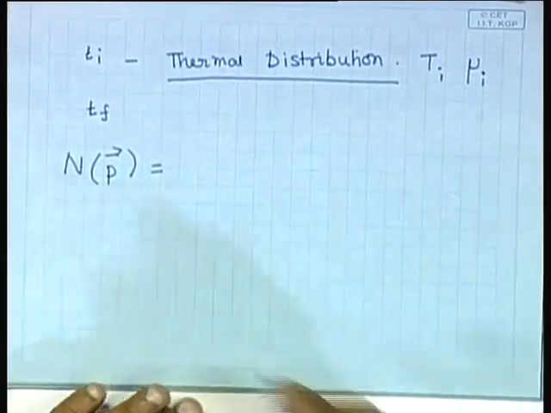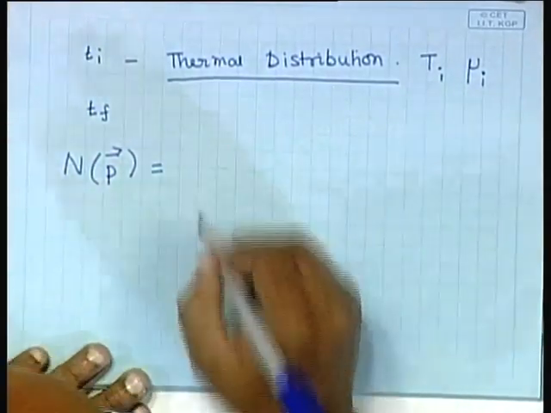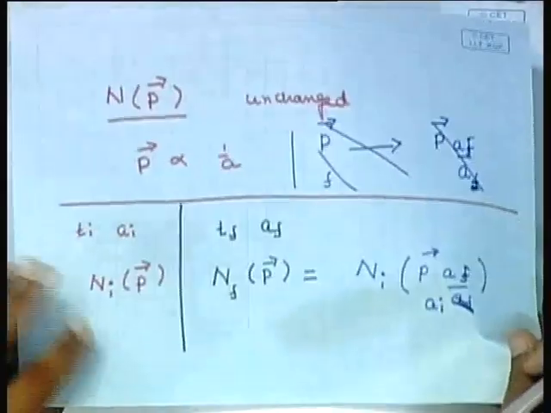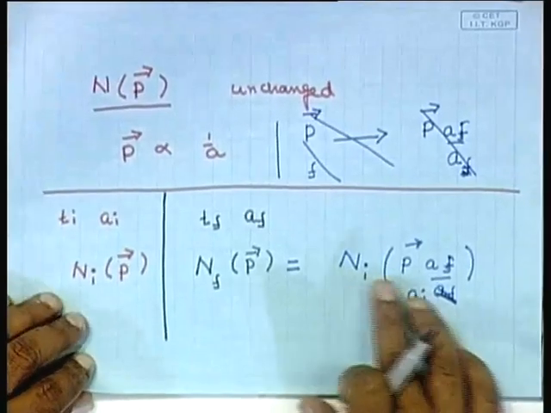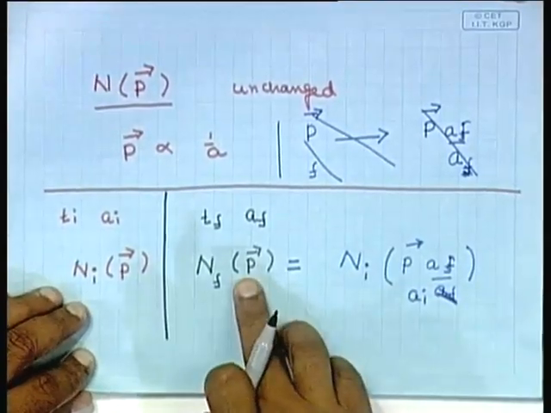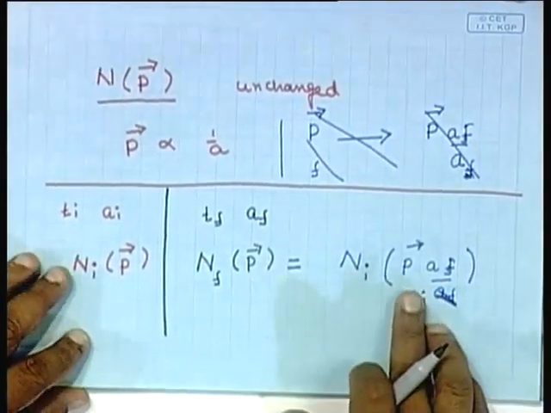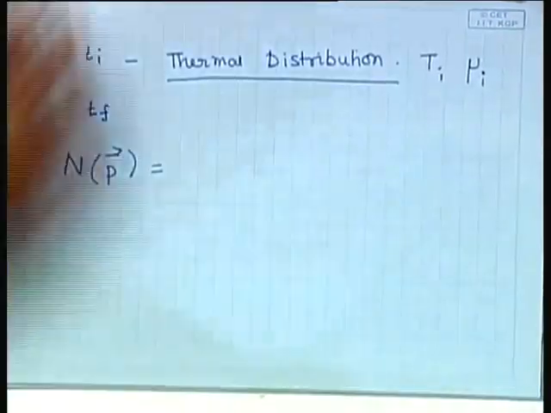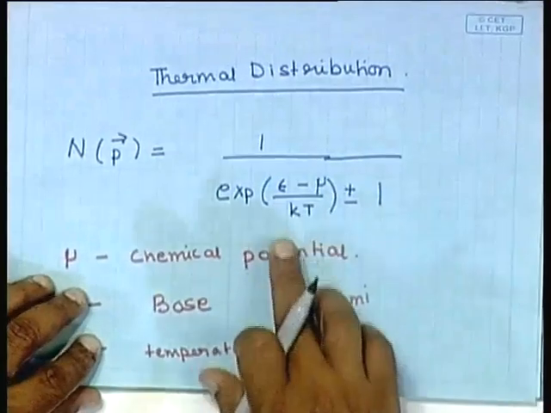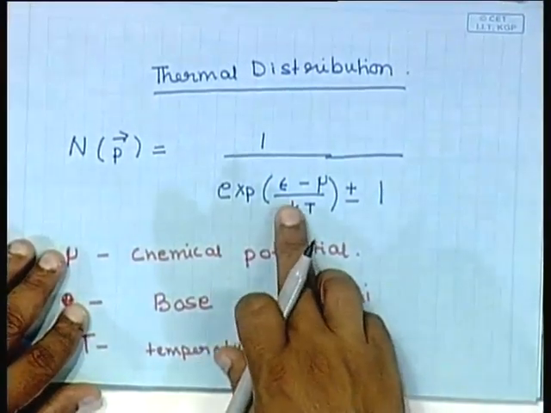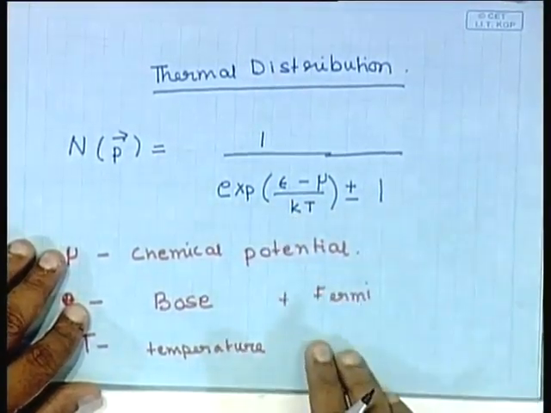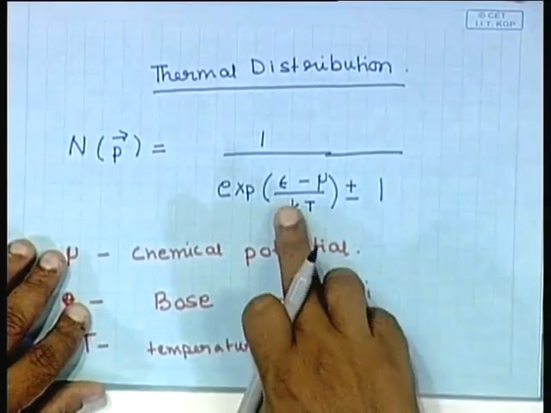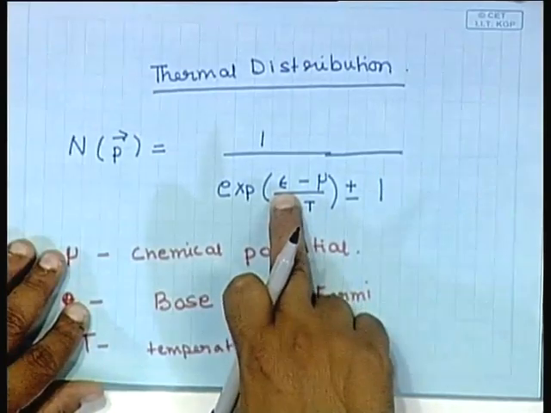So, for the number of particles in a momentum state P, we have seen we have to take the initial distribution and put in P, not at the value which we are interested in, but at a different value, at a value which has been scaled by AF divided by AI, right. So, the thermal distribution has this form. All that you have to do is replace P over here with Pf by Pi. P occurs in this E.